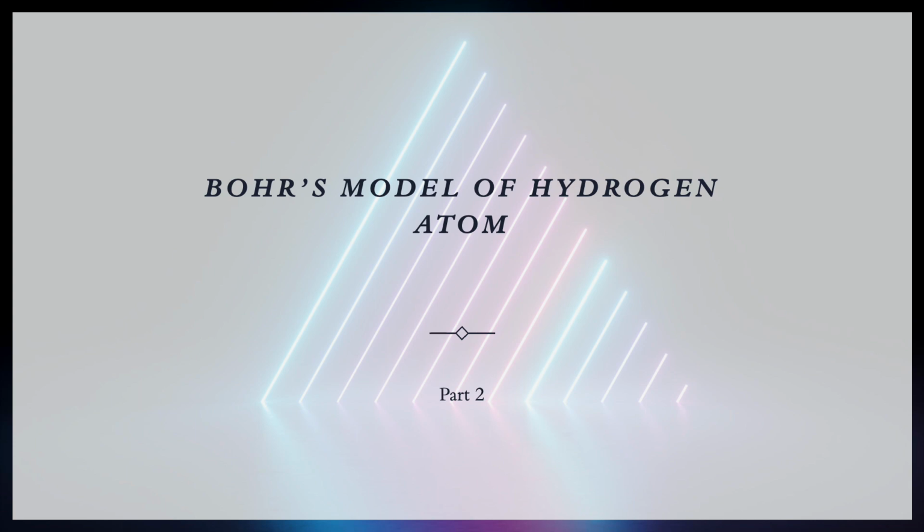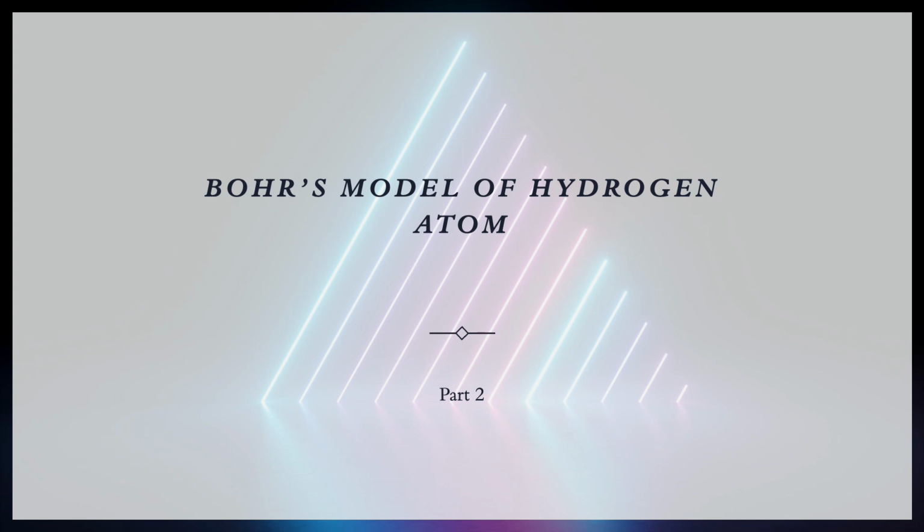In the previous video, we've talked about atoms consisting of a central nucleus that is surrounded by one or more electrons, wherein the nucleus is positively charged, composed of both protons and neutrons.